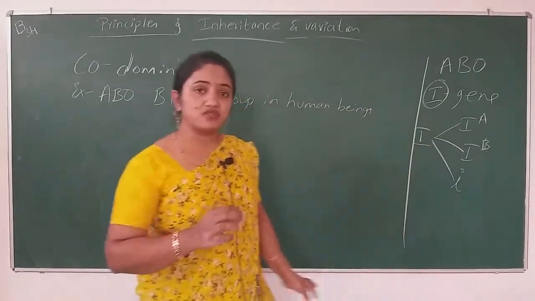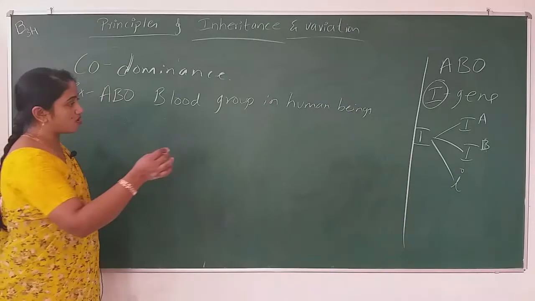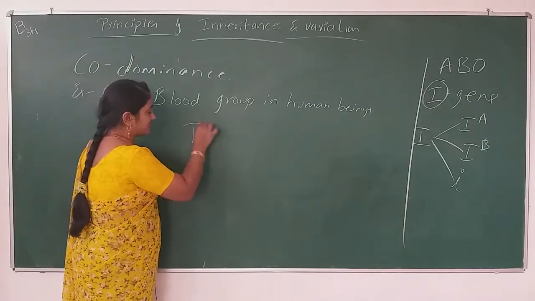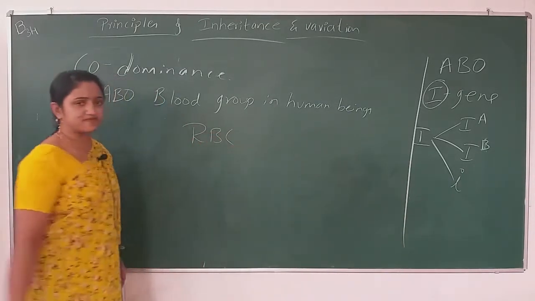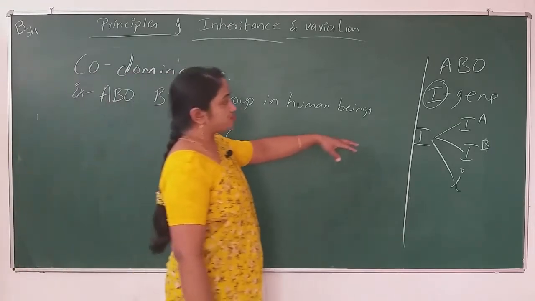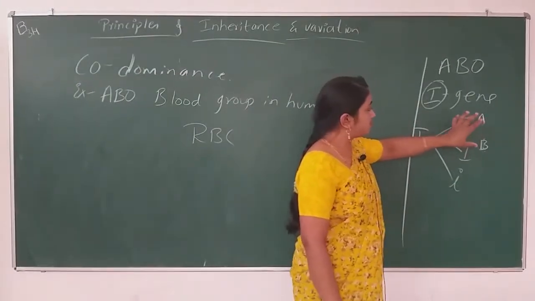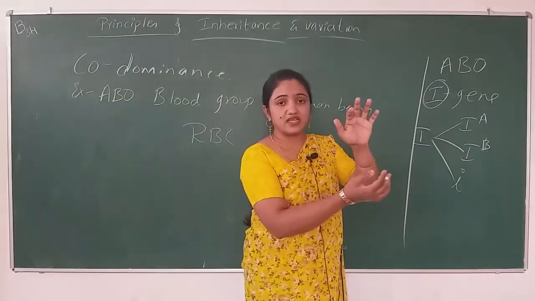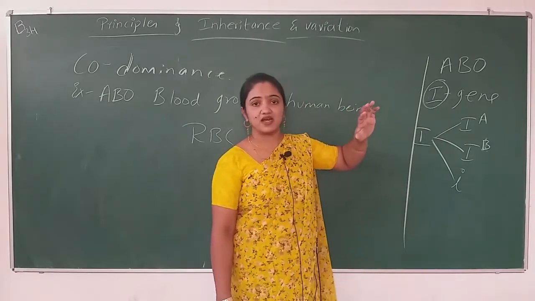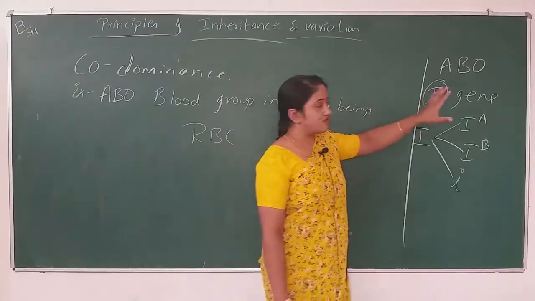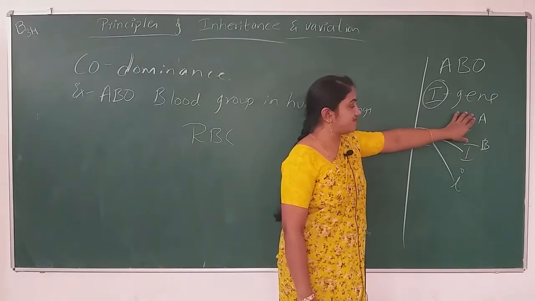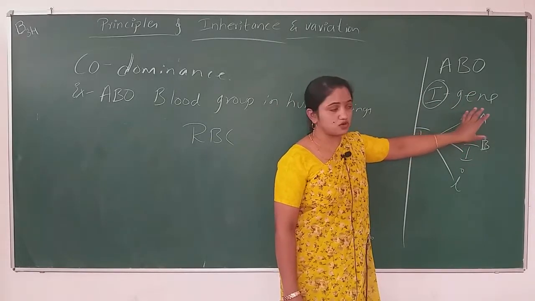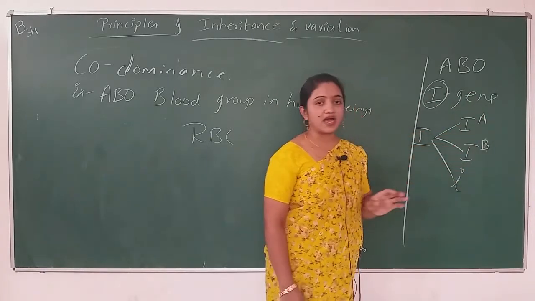On what basis did scientists find out whether it is A or B or O? To know about that, we'll study one small concept. It gives clear-cut data on what basis we distinguish whether a person has A blood group or B blood group or O blood group.